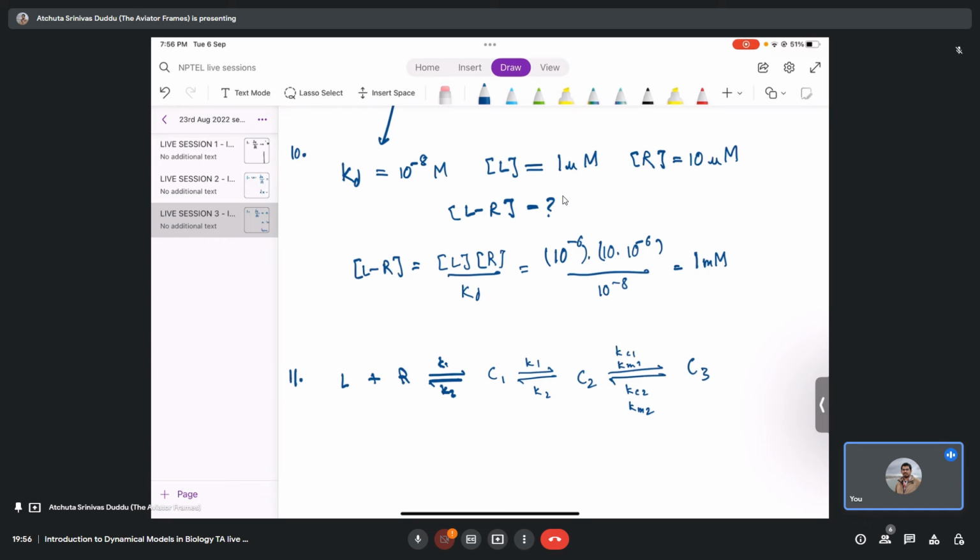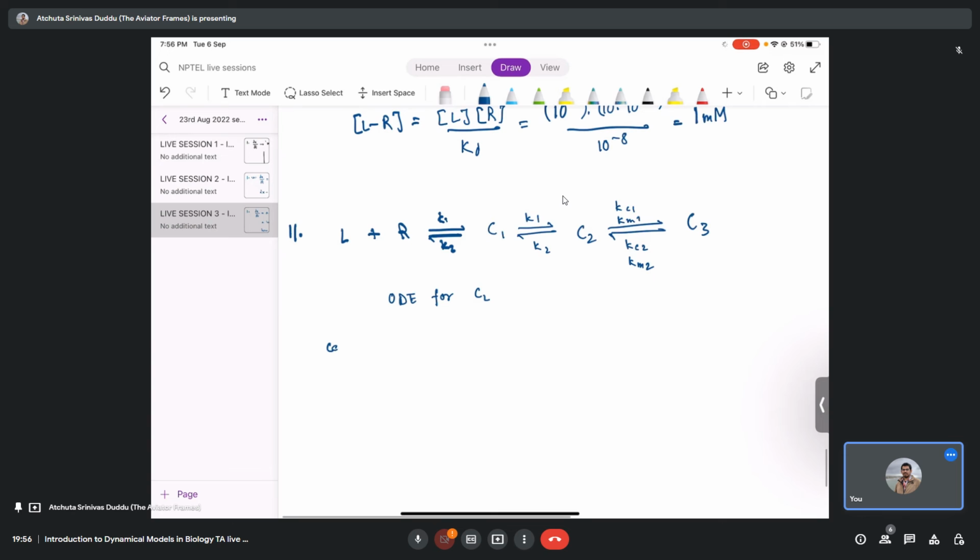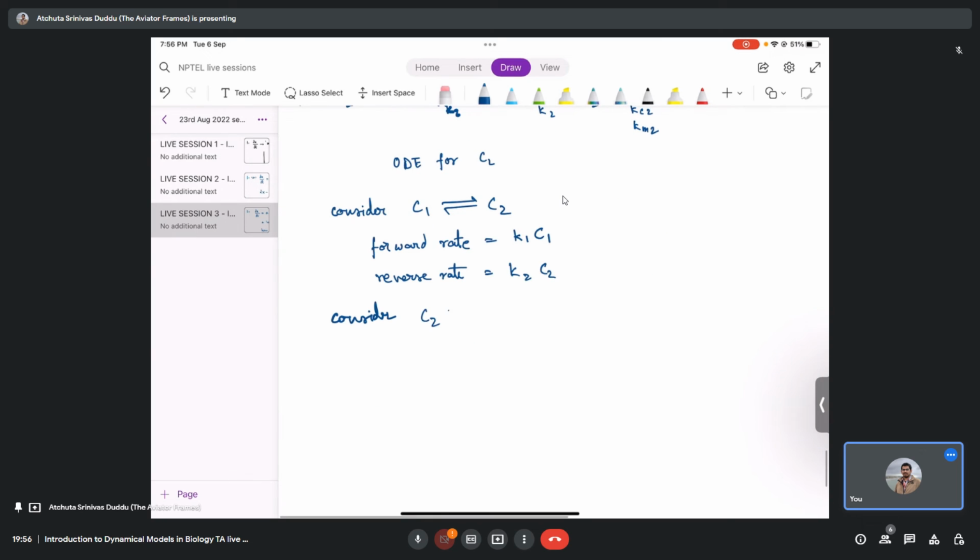So they're asking for the ODE for C2. Considering C1 to C2, the forward rate would be equal to K1 C1 and the reverse rate would be equal to K2 C2, right? And consider C2 to C3.